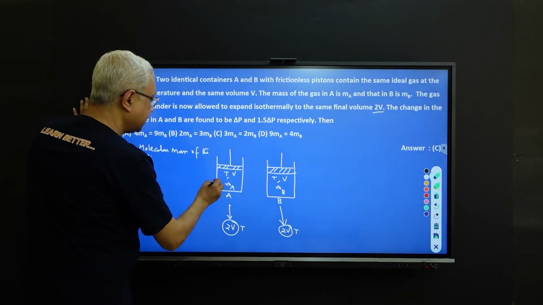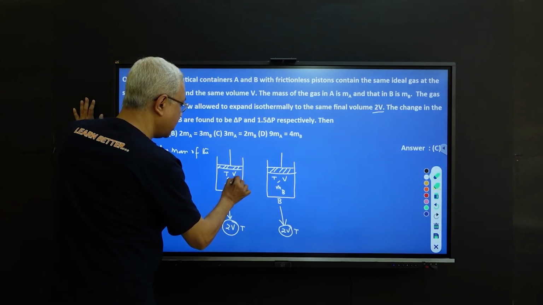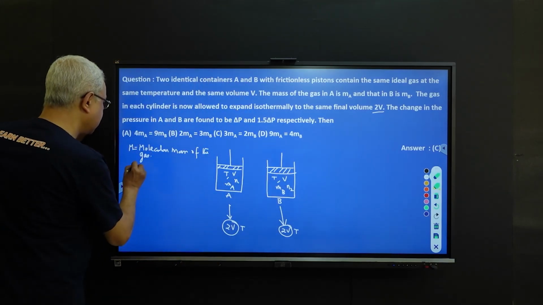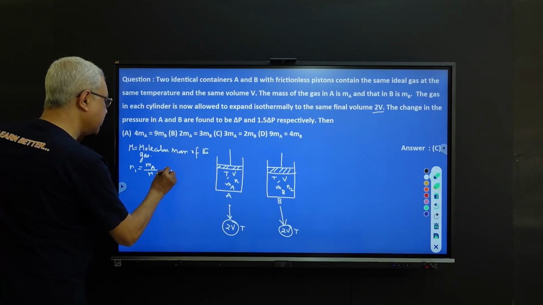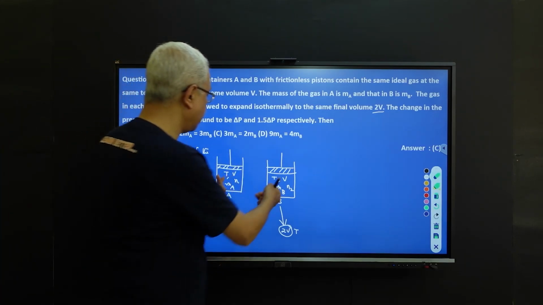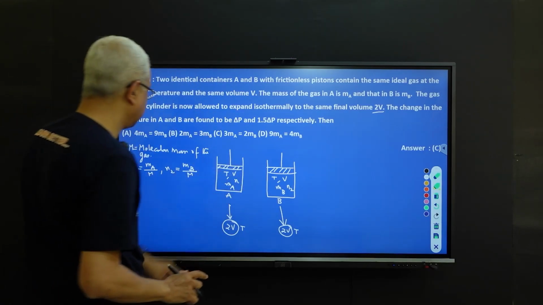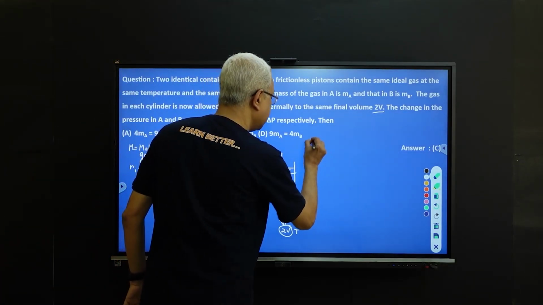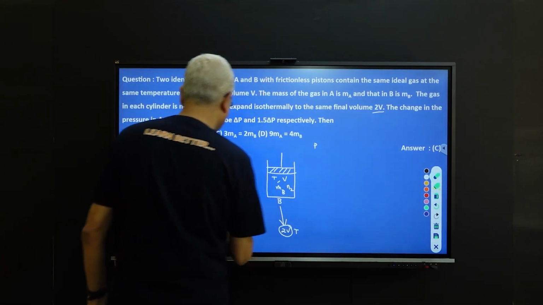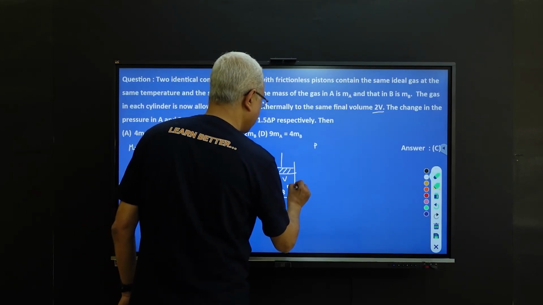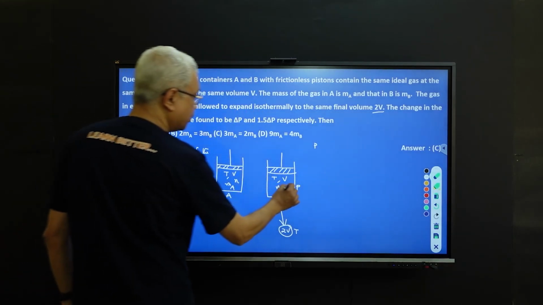So if I consider there are N1 moles of gas in one container and N2 moles in the other, then N1 is Ma by M and N2 is Mb by M, because both containers contain the same gas. Before applying the ideal gas equation, let us consider the pressure of the gas in container 1 to be P1 and that in container 2 to be P2.